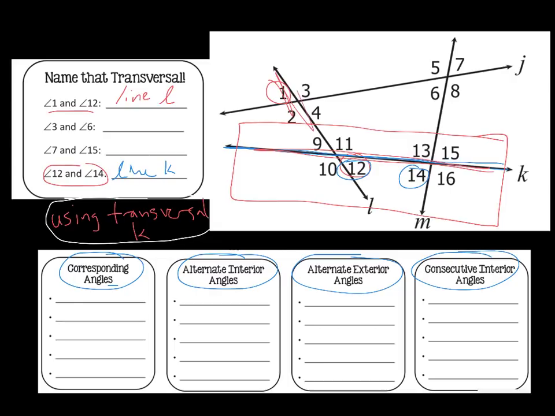Perhaps you just want to cover up that top section. You should have 4 pairs of corresponding, 2 pairs of alternate interior, 2 pairs of alternate exterior, and 2 pairs of consecutive interior. You may want to go back to the front page of your notes to complete this. Moving along. Press pause, fix this up, and then get going.